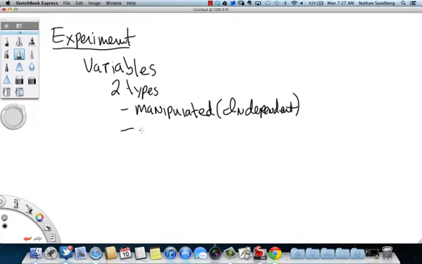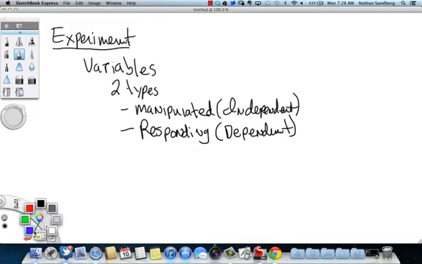There's also the responding variable, which is also known as the dependent. Now what the manipulated variable is, this is the thing that you as the scientist purposely change.